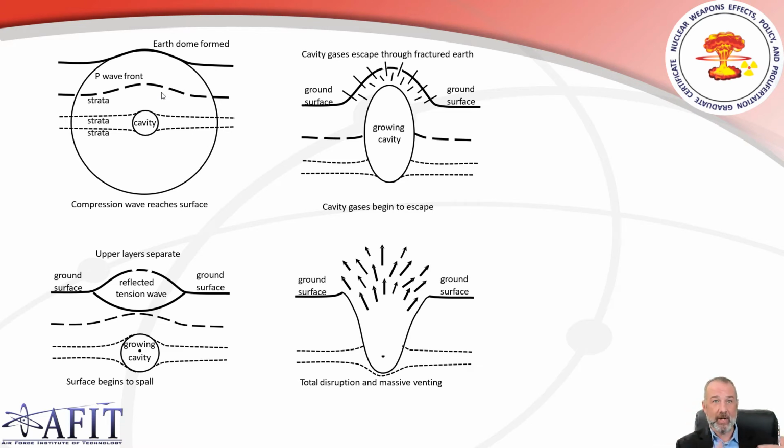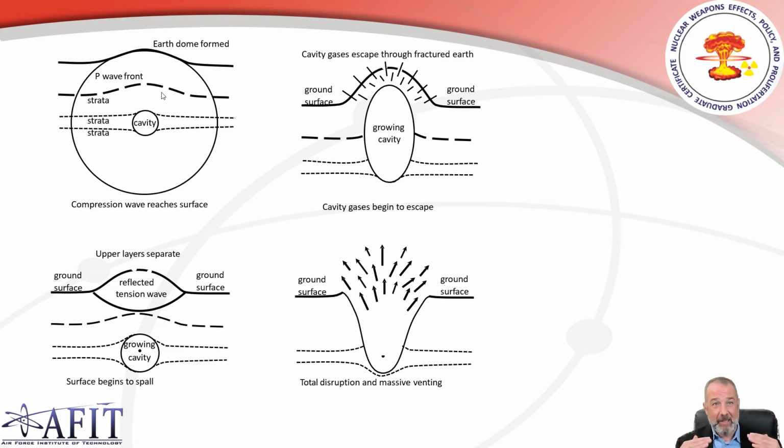In that way, you're transmitting that primary pressure wave, or that P wave, into the atmosphere and creating an overpressure wave, as you would with an atmospheric detonation, just not nearly as intense. Depending on how much ground was moved and how fast it was moved, you create that compression wave that then propagates through the atmosphere.